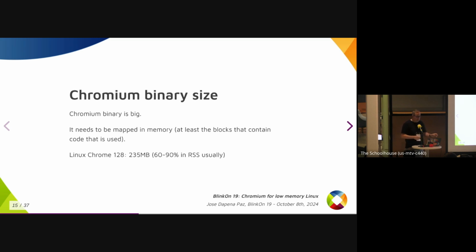An example of the binary size in Chromium nowadays, on Linux, version 128, is 235 MB. Of those, it's very easy that between 60% and 90% needs to be mapped in memory. So that's maybe almost half of the memory we have in the system already taken by the binary itself.